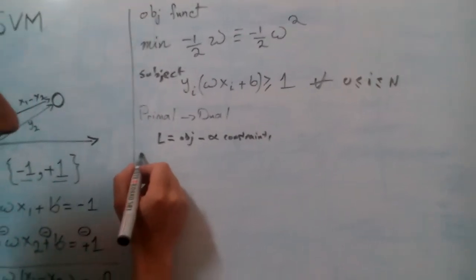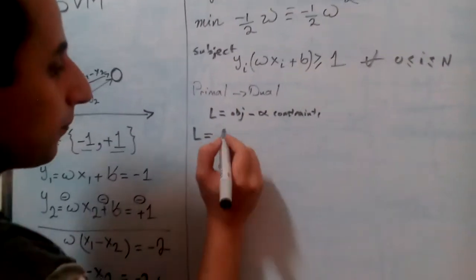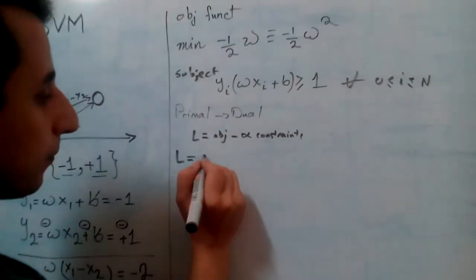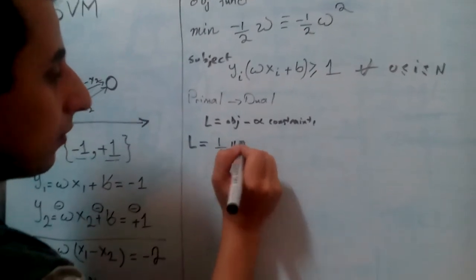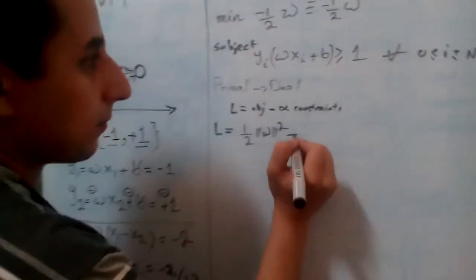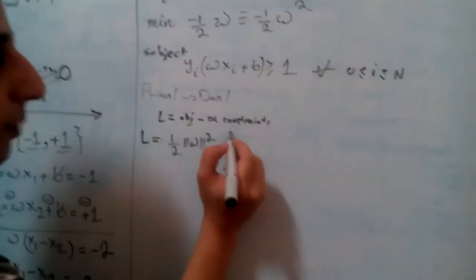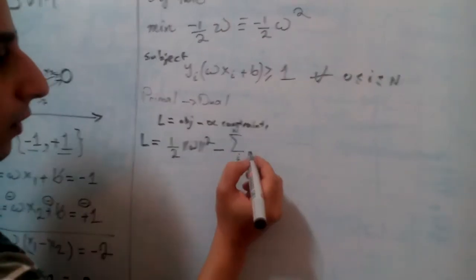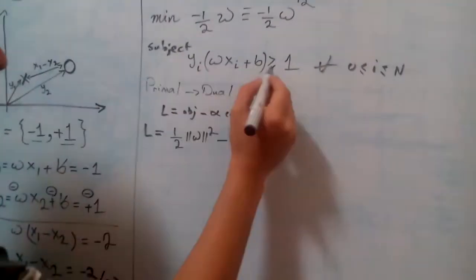Let's do the substitution. L becomes our old objective function. Let's drop the negative for convenience. Half omega squared minus, and to do this for the range from 0 to n, that means we sum over i to n alpha of i, and then the constraint.